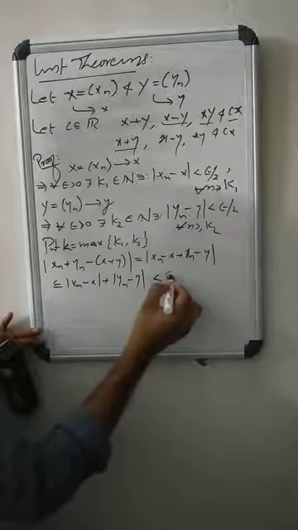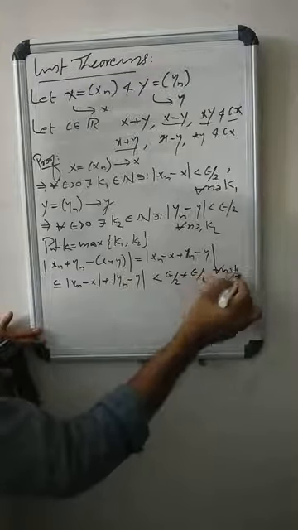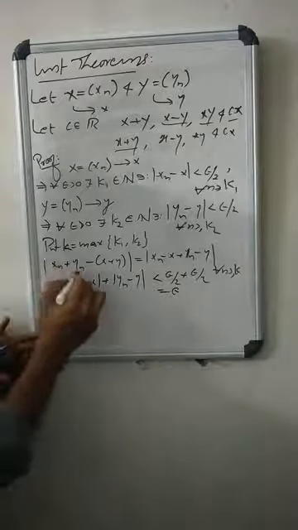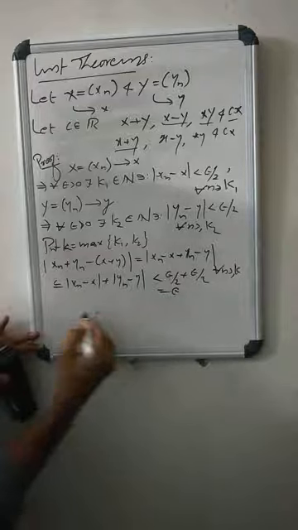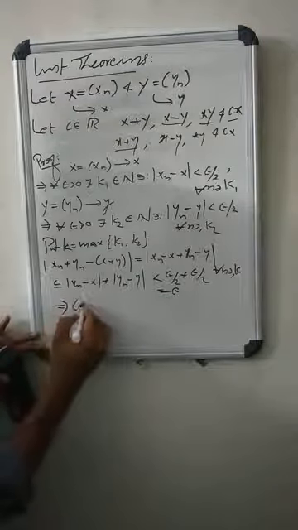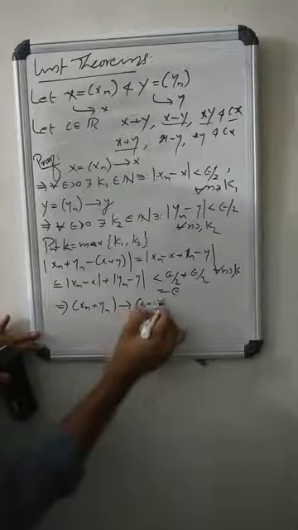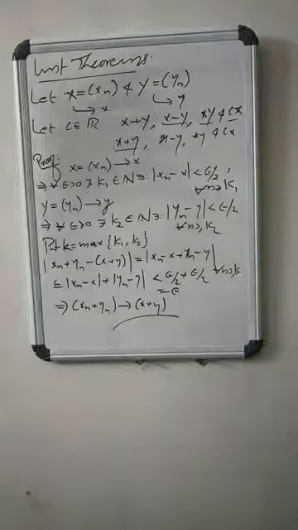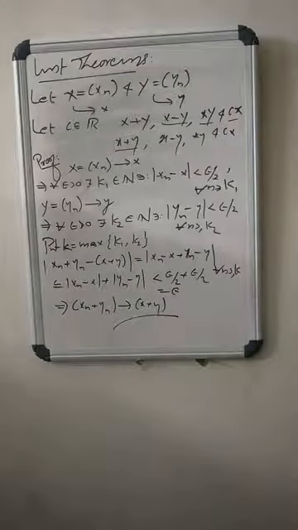So it is strictly less than epsilon by 2 plus epsilon by 2 for all n greater than or equal to k. Finally, modulus of xn plus yn minus of x plus y is strictly less than epsilon for all n greater than or equal to k. That implies xn plus yn converges to x plus y. So when xn converges to x and yn converges to y, then xn plus yn converges to x plus y.